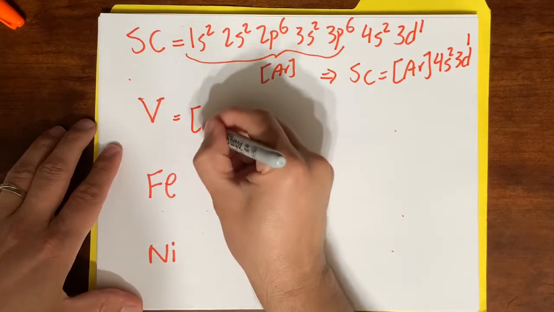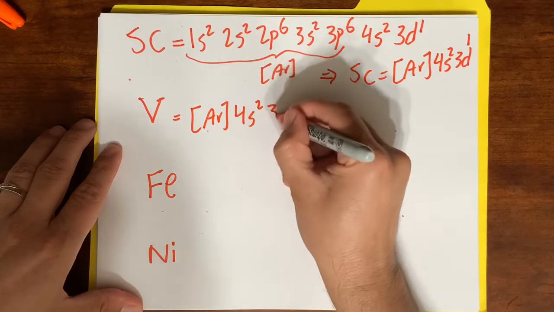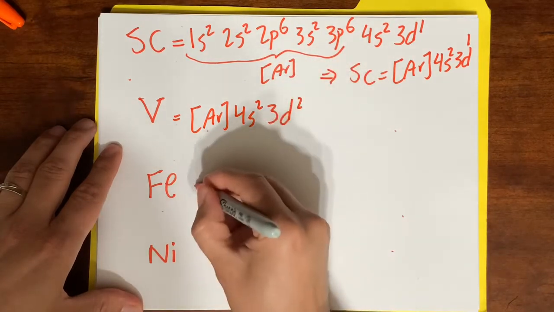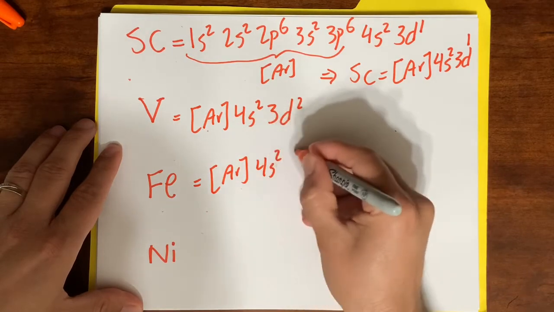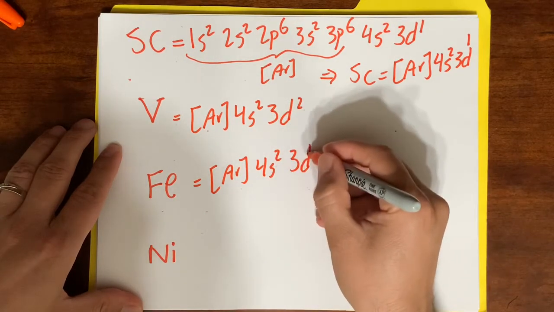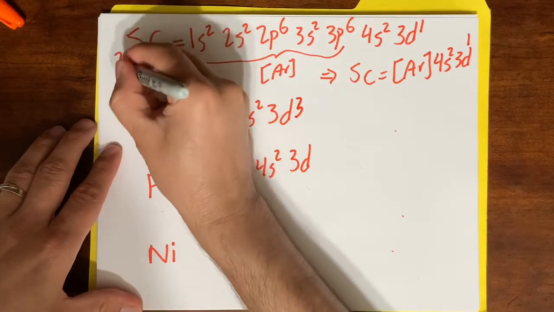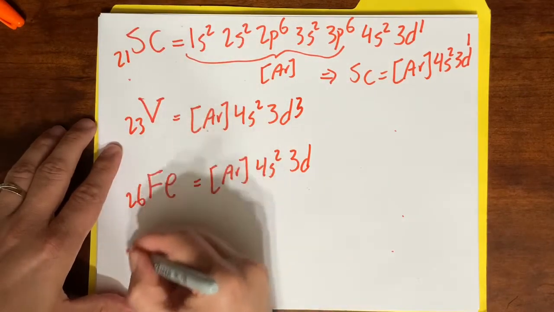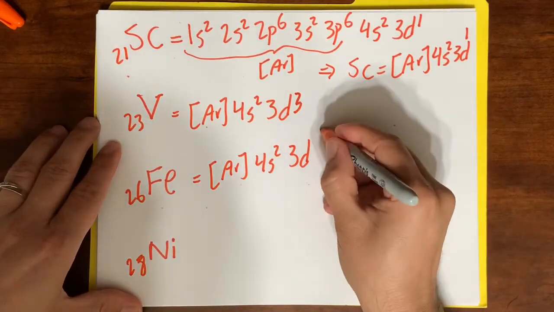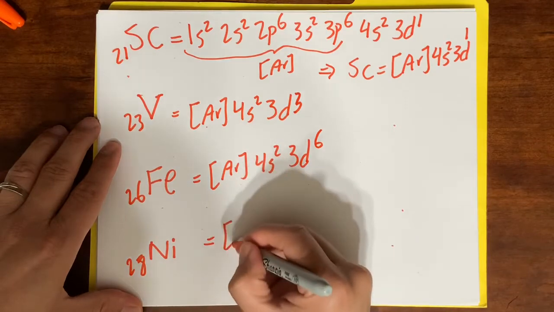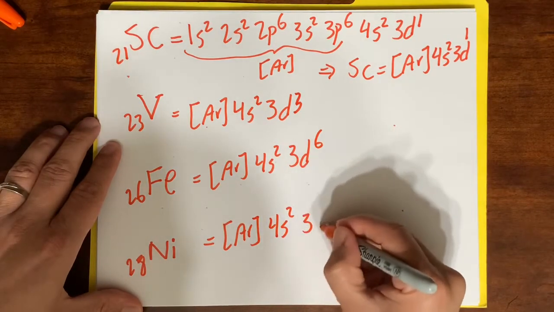Here it will be argon, 4s2, 3d2. Argon, 4s2, 3d3. Sorry, this one is a 3 actually, because it's 23. Then 3d6, and here argon, 4s2, 3d8.